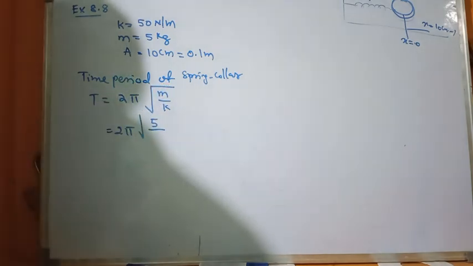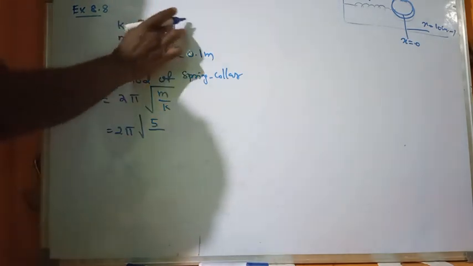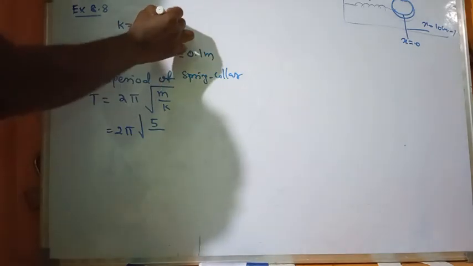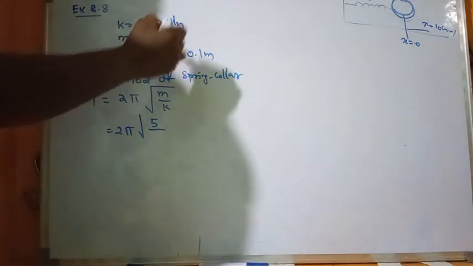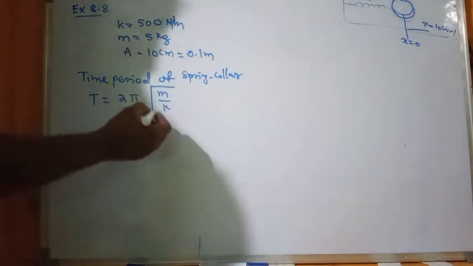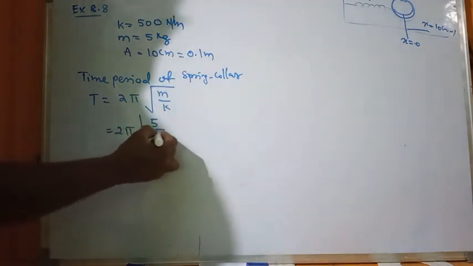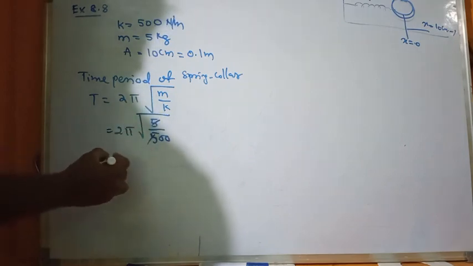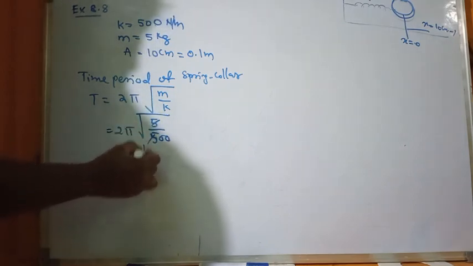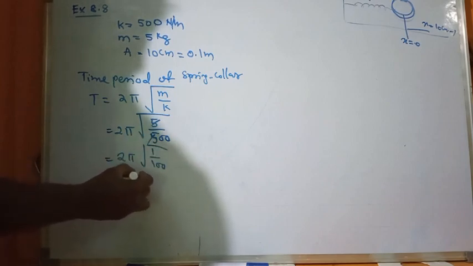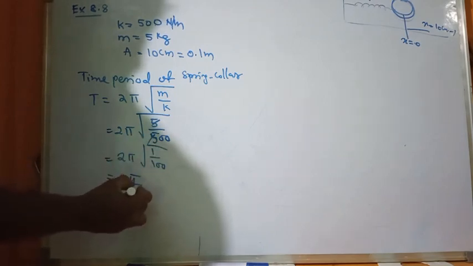Sorry, it is not 50, it is 500 Newton per meter. The spring constant is given by 500. Then the 5 cancels with 500, that is 2 pi under the root of 1 by 100, and that is equal to 2 pi by 10.